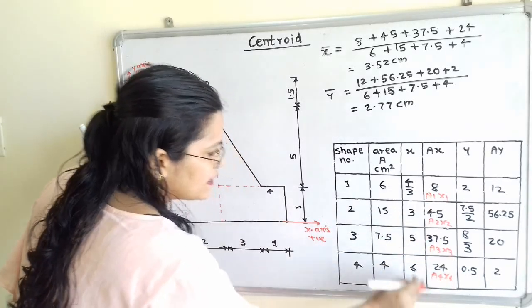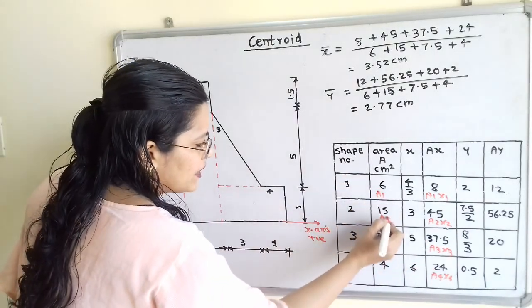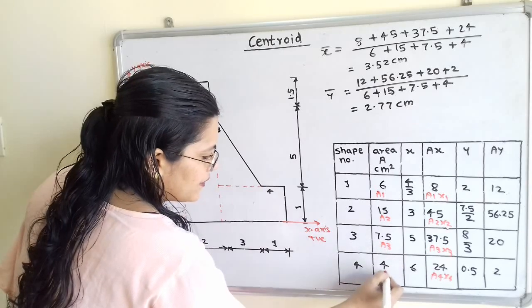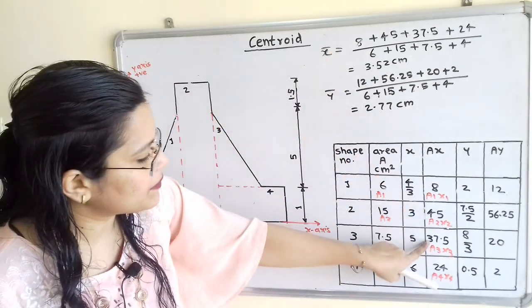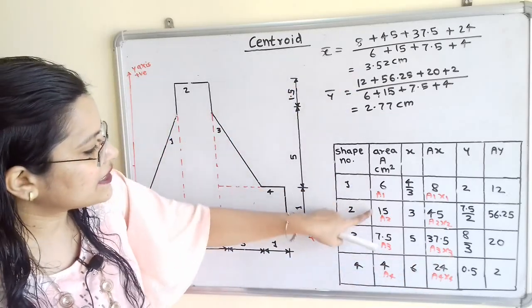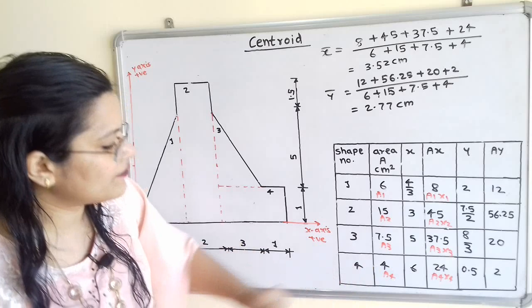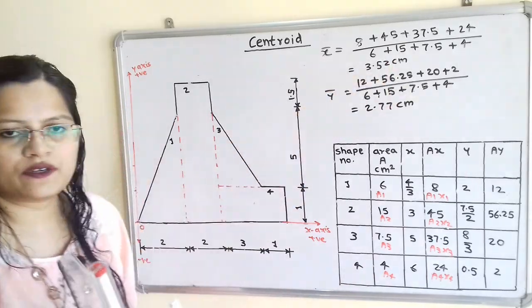When we add this, then we have to divide by the areas, that is a1, a2, a3, a4. So here we will take 8 plus 45 plus 37.5 plus 24 divided by 6 plus 15 plus 7.5 plus 4, and that is equal to 3.52 centimeters.